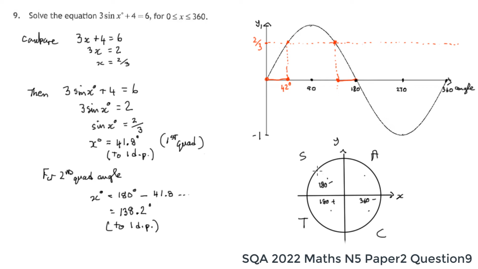Now you can maybe get a hint that there's a connection here because we had 180 minus in the symmetry of this diagram for this second angle whose sine was 2/3. So there is a very profound connection between this, what's called the quadrant diagram, and the graph of sine. And we're going to explore that now. This is a little bit of extra to this question.